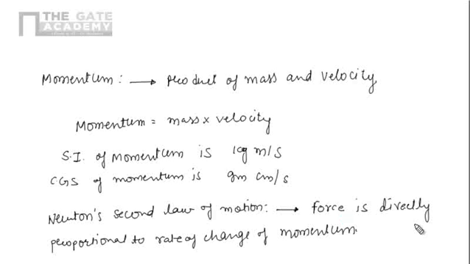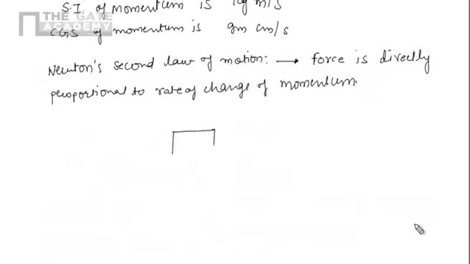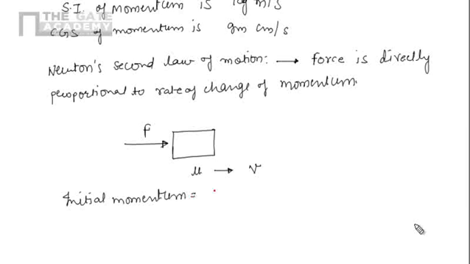Suppose we have a block on which we are applying some force F, and due to this force, the initial velocity u is converting into final velocity v. Now we can write initial momentum equals mass into velocity, and let's take the mass of the block as m.